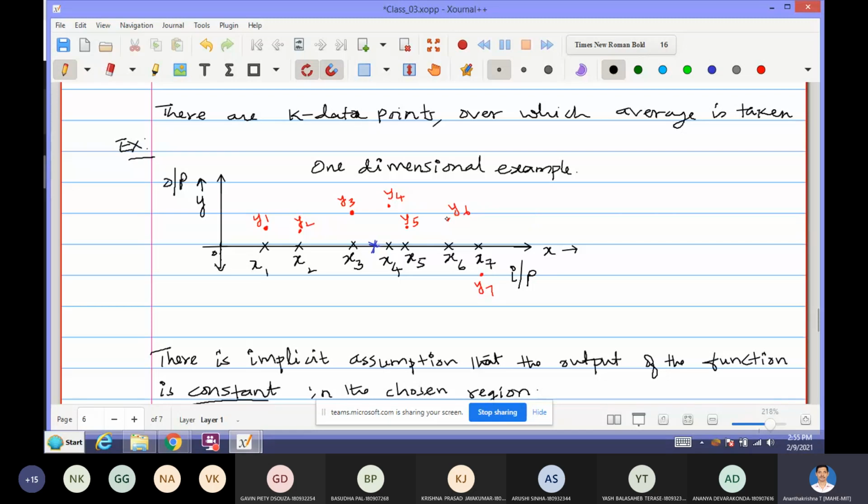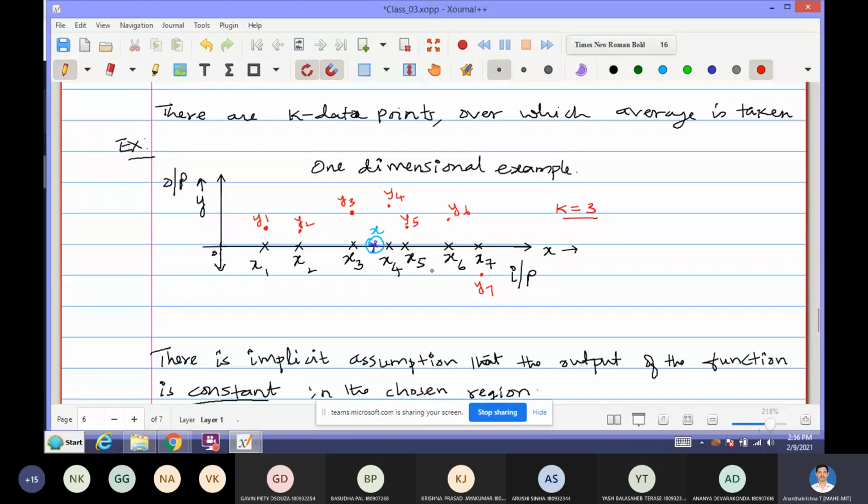There is a query point here, x. Now our interest is to find the output for this given x. Now pick the k nearest, say k equal to 3.